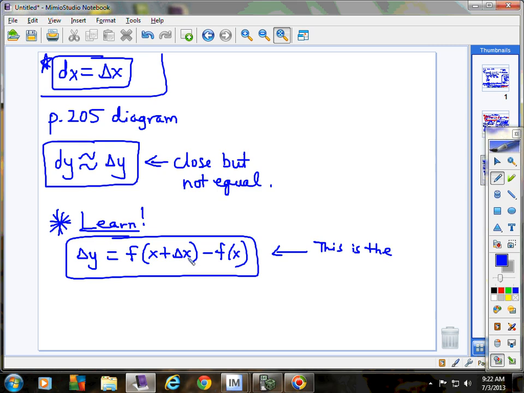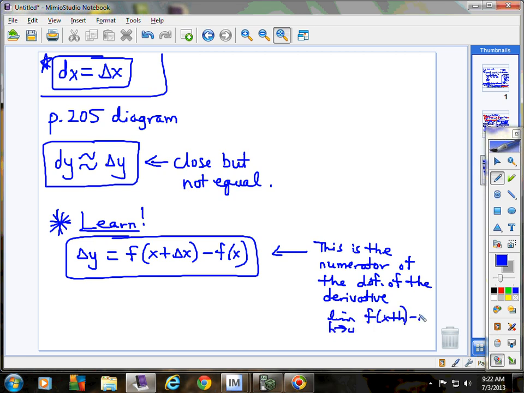If we call those delta x's h's, then isn't this the numerator of something important that we've studied? It's the numerator of the definition of the derivative. Because remember, the definition of the derivative was the limit as h approaches 0 of f of x plus h minus f of x over h.